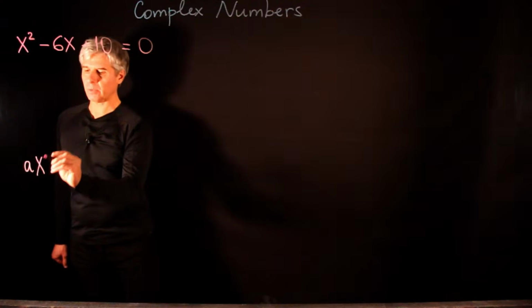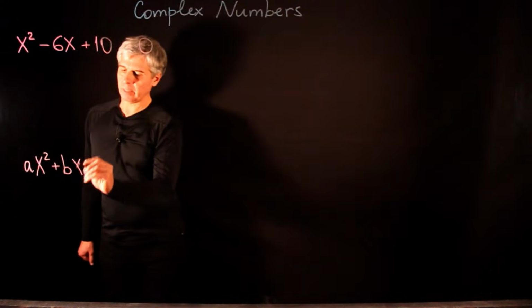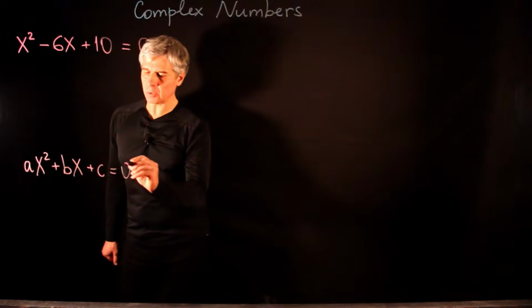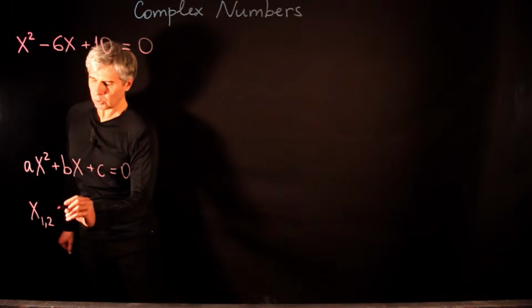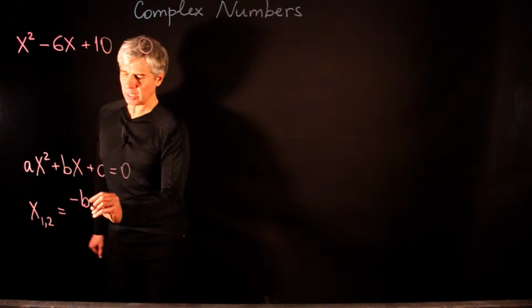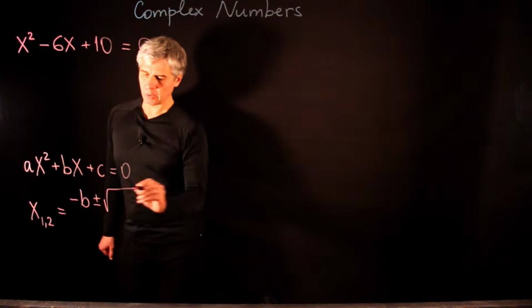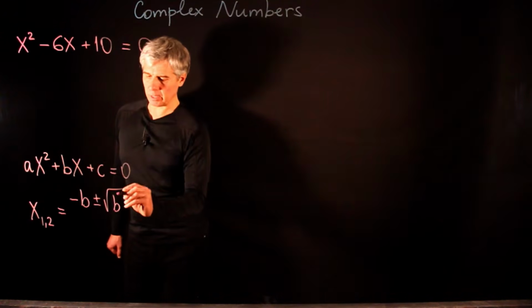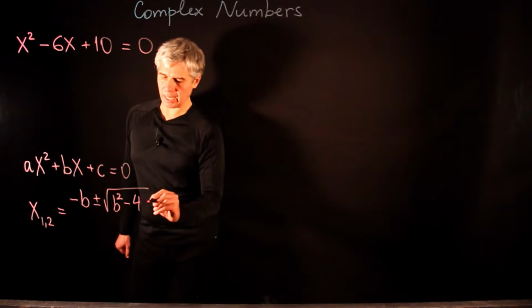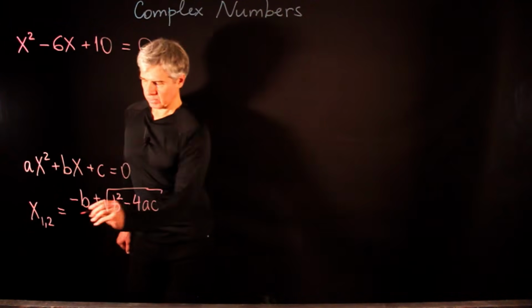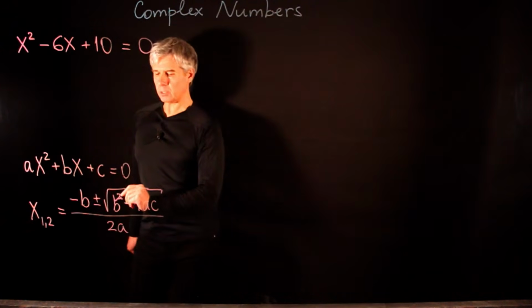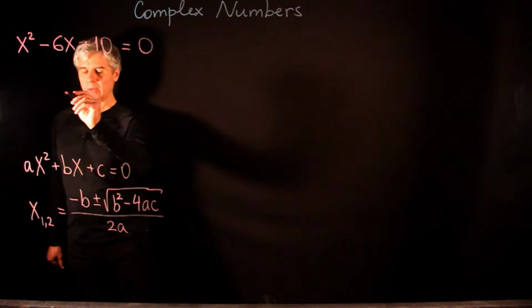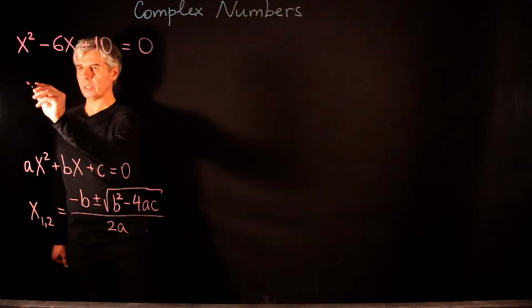So if we have ax squared plus bx plus c is equal to 0, then the formula says that we have two roots that are given by minus b plus minus square root of b squared minus 4ac, divided by 2a. So if we apply this formula here, then we get the following expression for the roots.